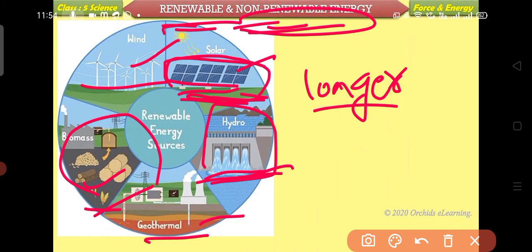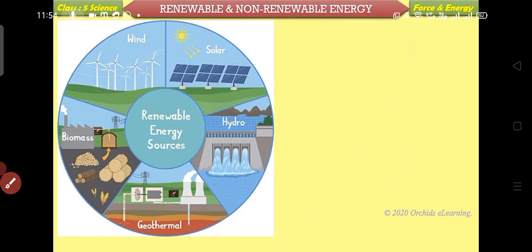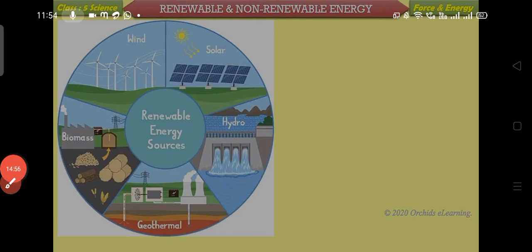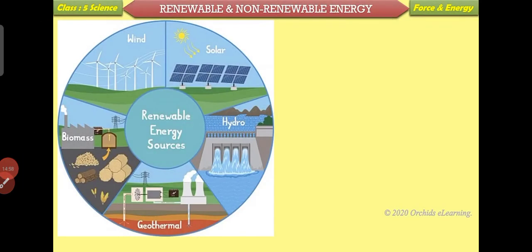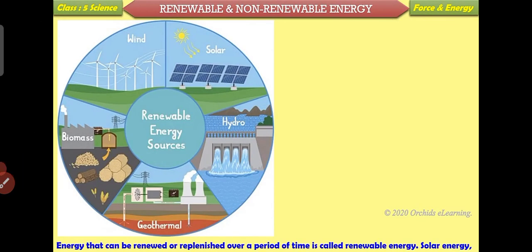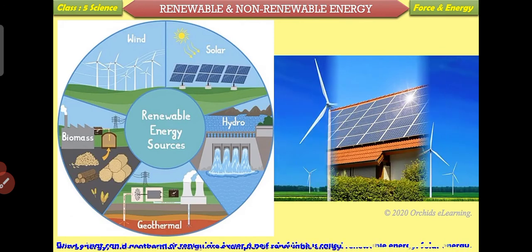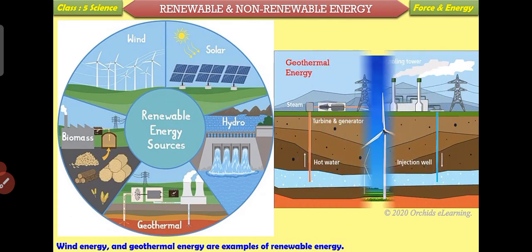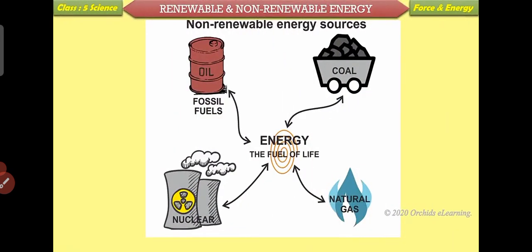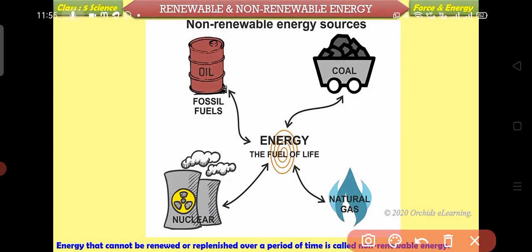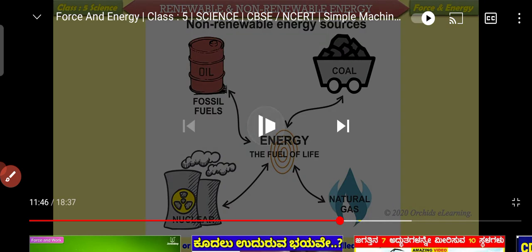But when we talk about non-renewable resources, they do not help us for a longer time. If they are completed once from the earth, we will never get them back.